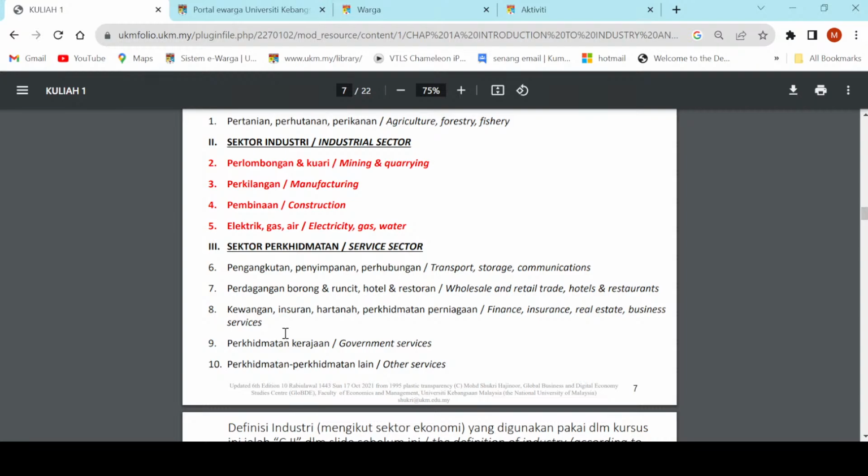If you notice that previously, in the second way of classifying, there are 2 here: agriculture and mining and quarrying. And also, there are 1, 2, 3, 4, 5, 6 here for the tertiary sector.